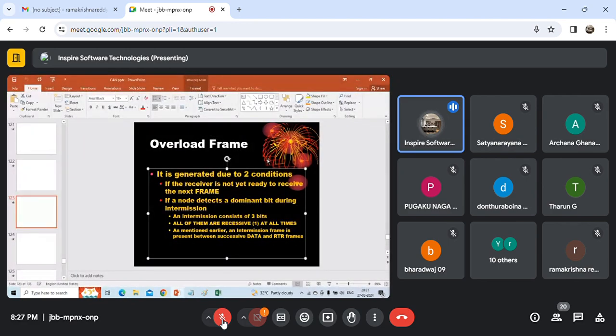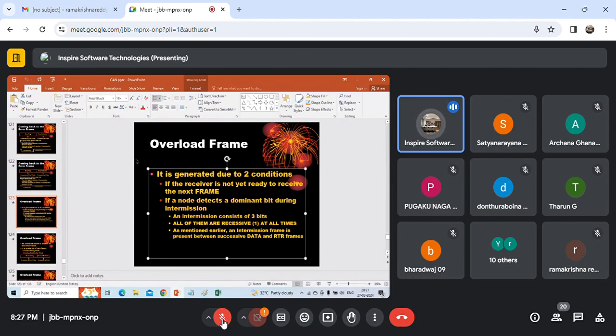Okay. So interframe spacing will be there from frame to frame, between remote frames and data frames. Overload frame will be sent by the receivers if they want the transmitter to wait for some more time before sending the next message. Sometimes one transmitter keeps on sending multiple messages to send one continuous long data.